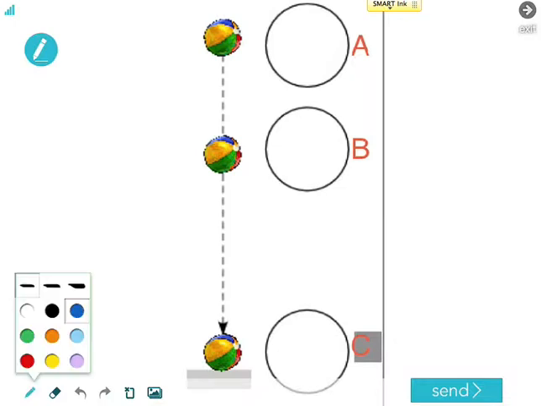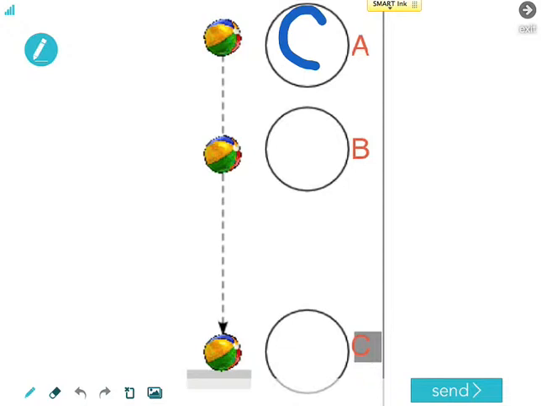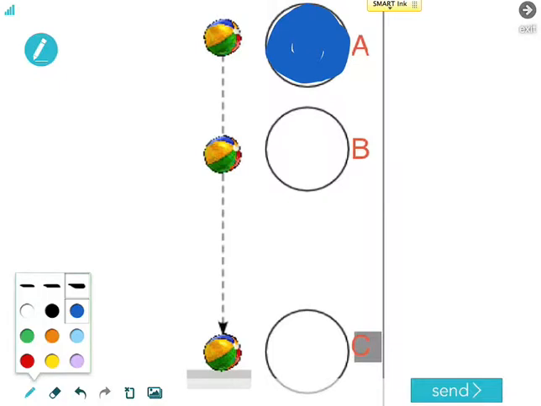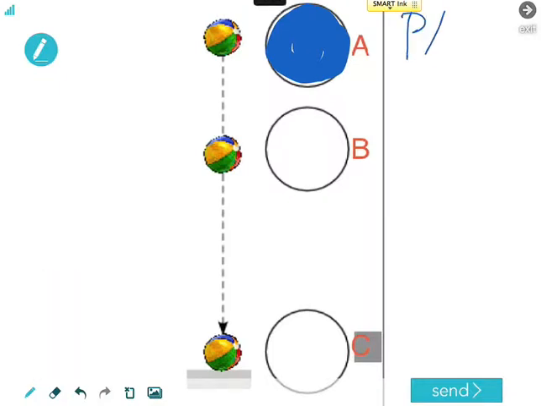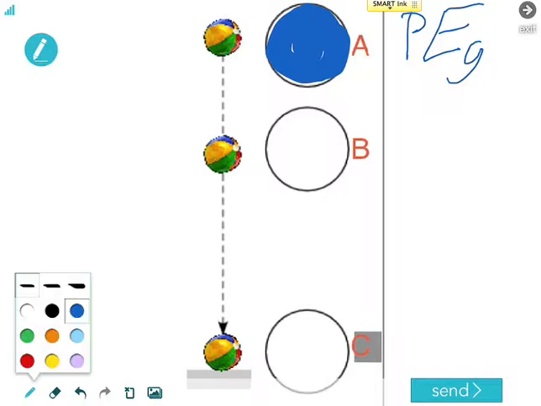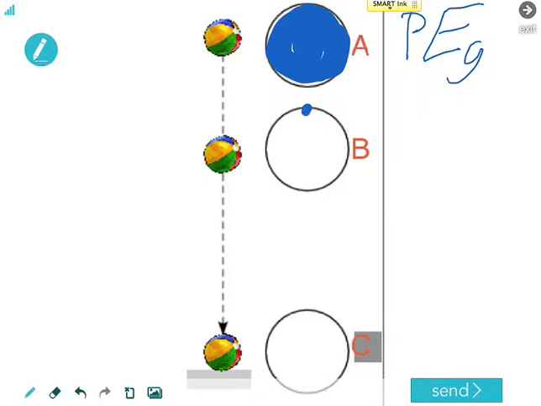Let's go ahead and fill in the first bubble to start with. We remember from the last slide that it's 100% potential gravitational energy. And pie chart B is going to be slightly less than 100%, but over 50% potential gravitational energy.